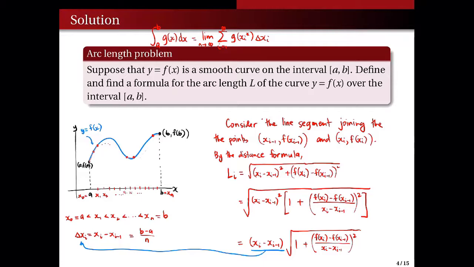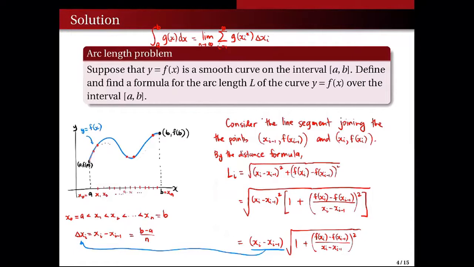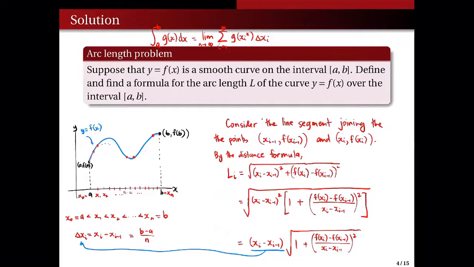When we discussed volumes using the method of cylindrical shells, okay, we specifically chose x sub I star to be the midpoint of the interval. Okay? In the derivation here, we will also choose specifically what x sub I star is. Okay? And here's how we're gonna choose it.